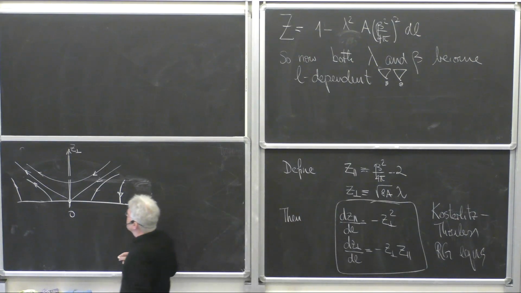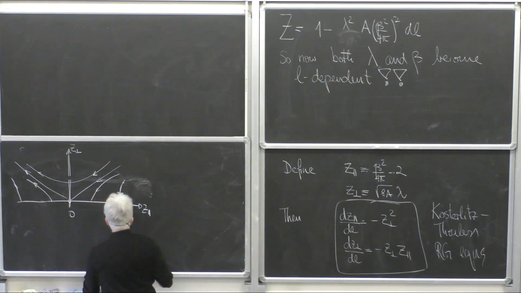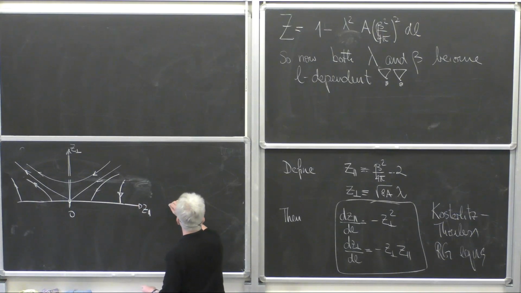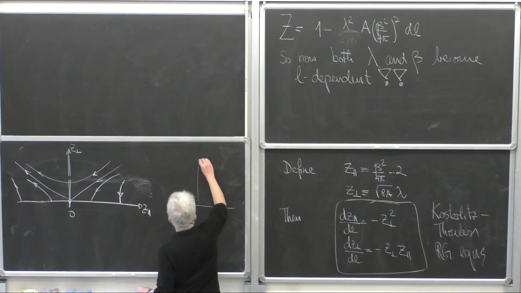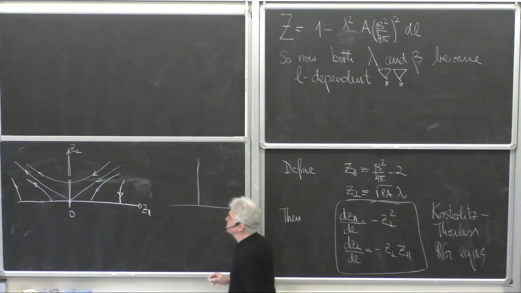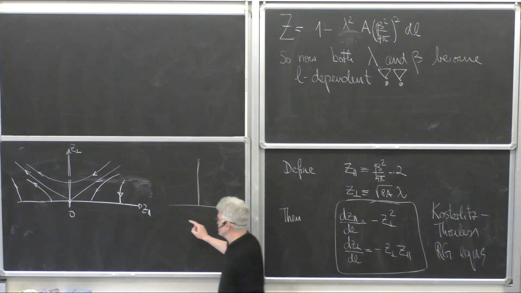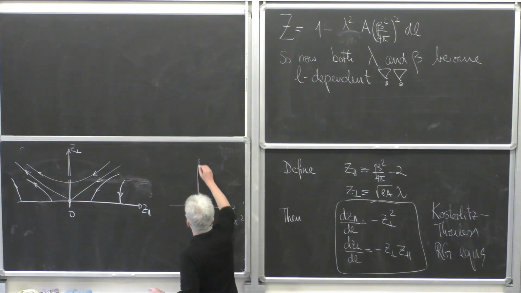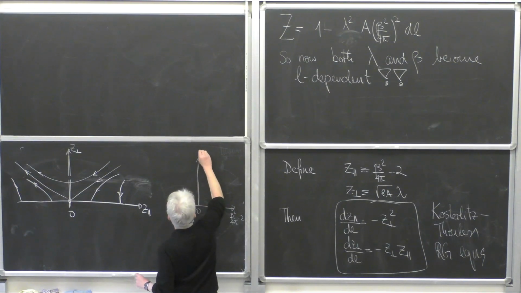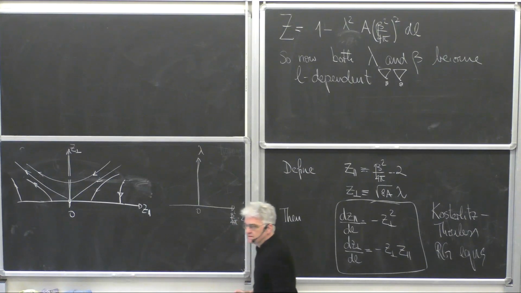Okay, and let me contrast this with the analogous flow diagram we had to first order. So the analog of Z parallel was just beta squared divided by 4 pi minus 2, and Z perp was basically lambda.